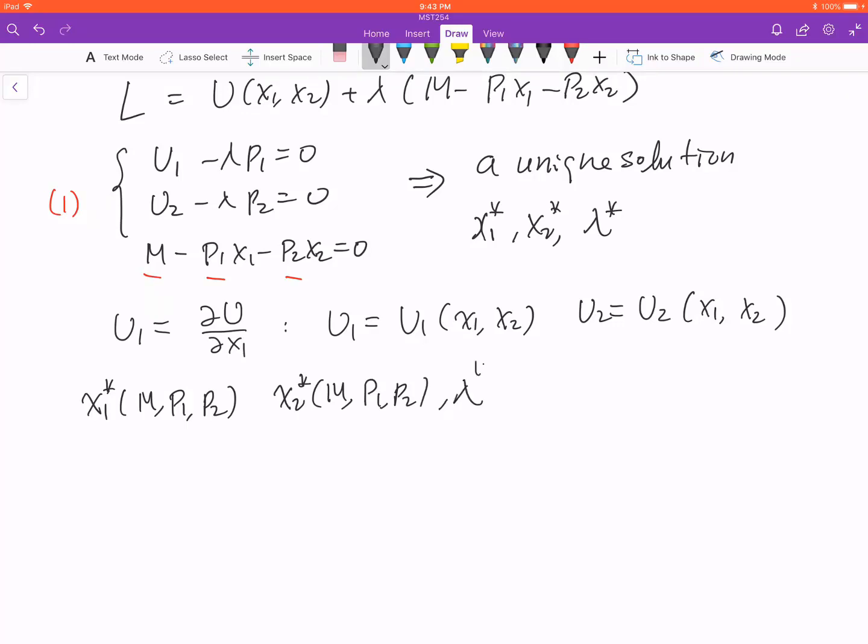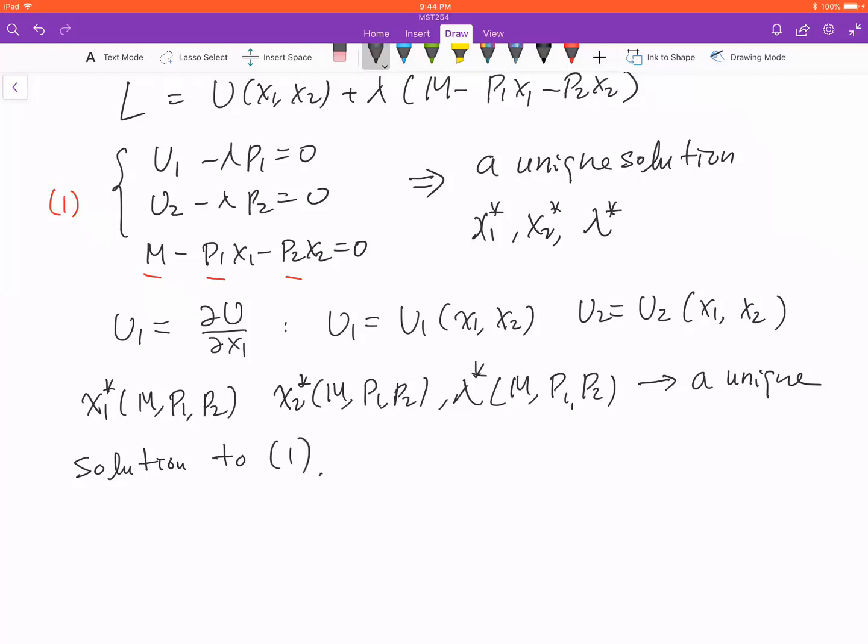And also lambda star, a function of m and p1 and p2. And this triple is a unique solution to this system 1 over here.